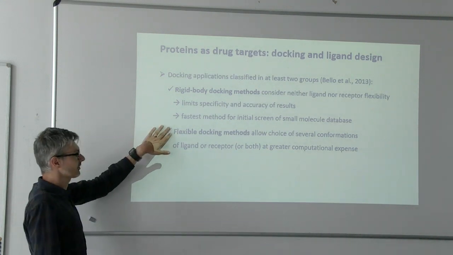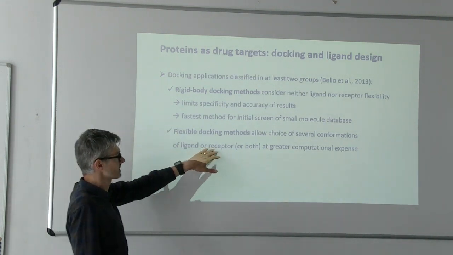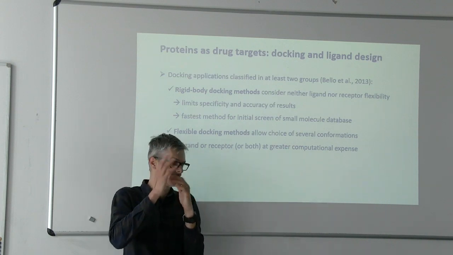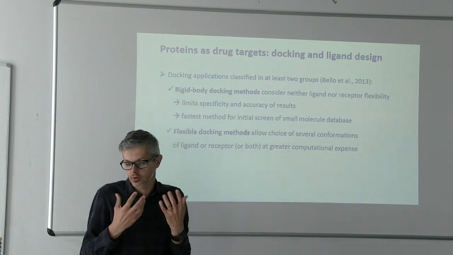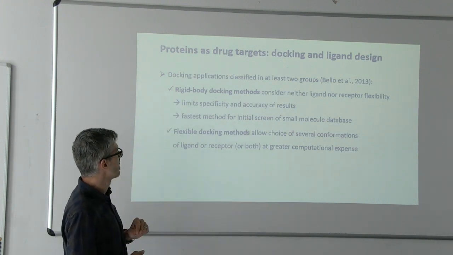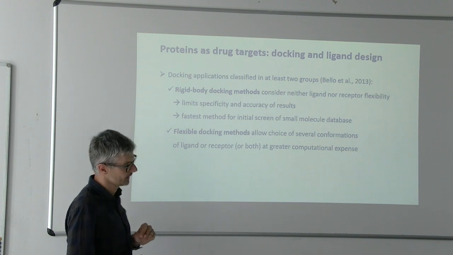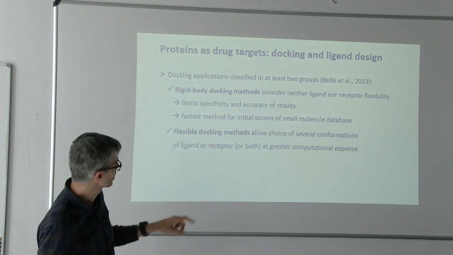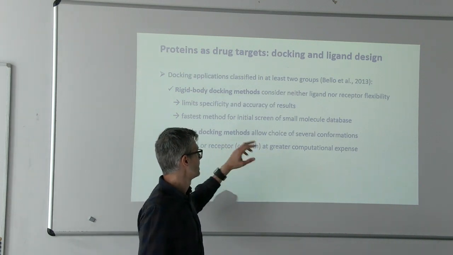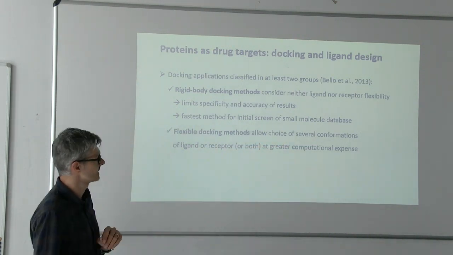In the second case, your ligand or receptor might be a bit flexible. You can have loops that can bend, for example, so your molecule is not that rigid. That's another way of looking at docking. Of course, this is computationally more extensive because you have more conformations to consider.